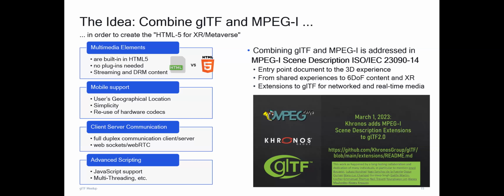So there's a video plugin you can directly stream. It's very supportive to mobile. So it's basically simplified. It allows you to use environmental aspects being taken, geographical locations. You can reuse existing codecs on the platform. You also integrate a communication platform with WebSockets, WebRTC, and you add scripting. So we wanted to basically say, can we create a similar extension into glTF that supports this?